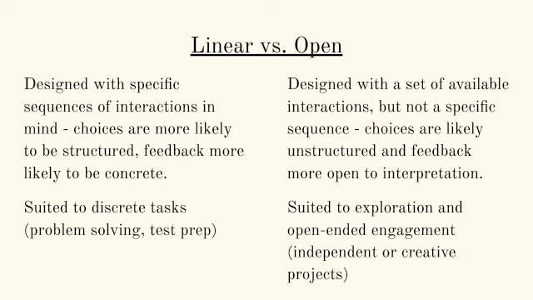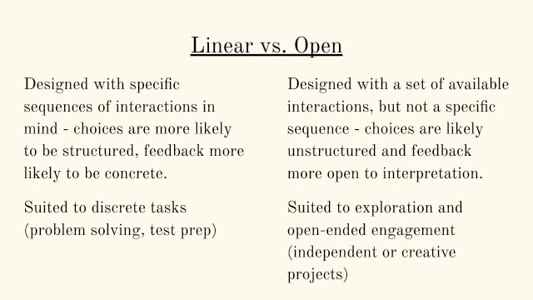Number 3, linear versus open. So this is more of an overall structural design consideration than a feedback-specific one, but you can think of it in feedback terms still. A linear design is meant to keep every user on basically the same path as they interact with the media object, and so feedback needs to be planned to keep them moving in the right direction and progressing through whatever they're doing.